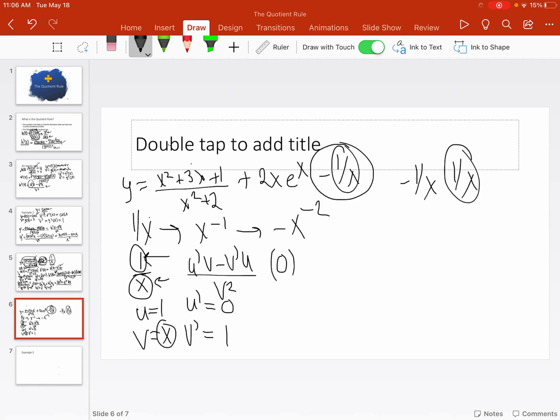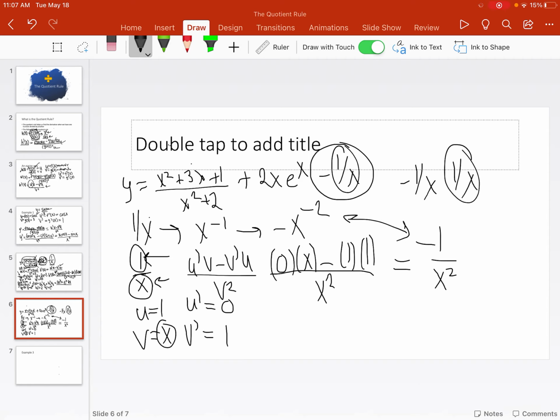Well, u prime is 0. What's v? v is just x. Minus, what's v prime? v prime is just 1. What's u? u is just 1. And all divided by v squared. What's v? v is x, and then we square that. And if we simplify this, what do we get? We get negative 1 over x squared. The same thing as that.